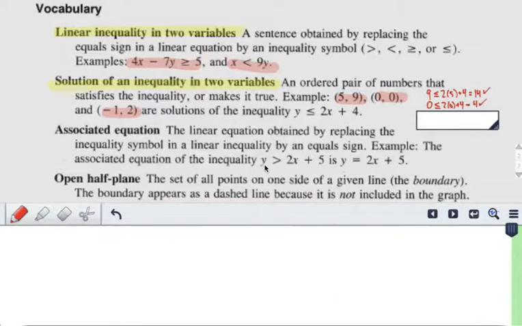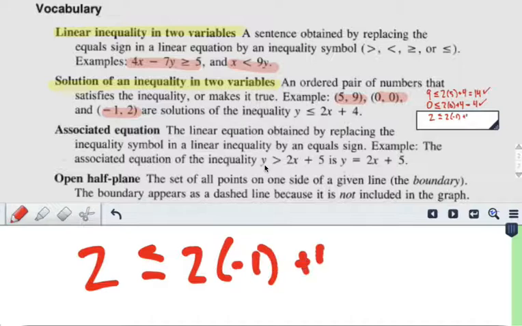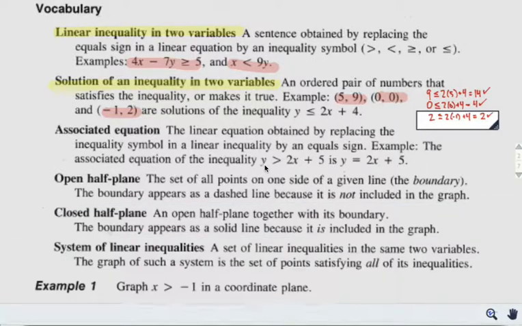That one's true. If y is 2 and x is negative 1, I get 2 is less than or equal to 2 times negative 1 plus 4, or negative 2 plus 4 is 2, so that checks out. That's what it means by solutions. They satisfy the inequality.